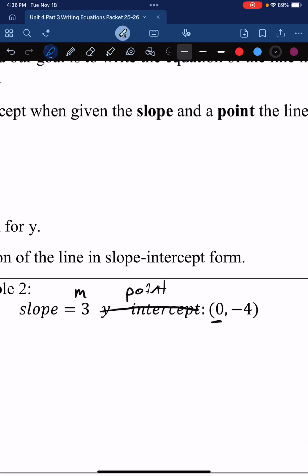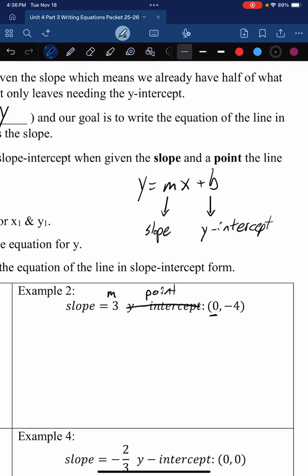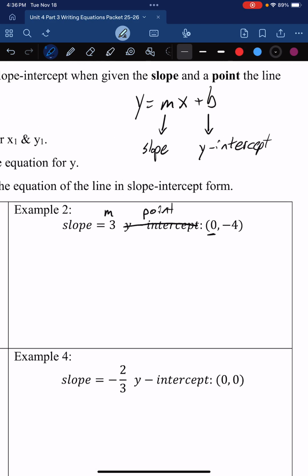Now, because this is my y-intercept, I have this slope-intercept form, which uses the slope and a y-intercept. So just to back up here for a second, right, when I'm looking at this y equals mx plus b, this m represents my slope, and b represents my y-intercept. And so if I identify the point given to me as a y-intercept, I can take this y value and just know that that could be my b value in that equation.